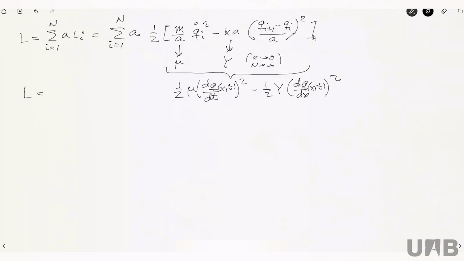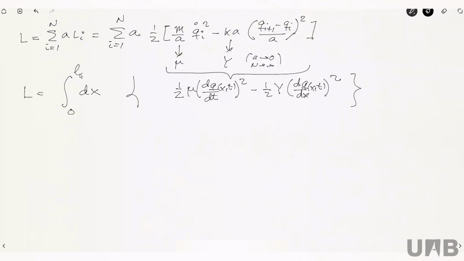So we know that this term here, the summand, becomes in this limit this function, with derivatives of q with respect to x and with respect to t. I have to sum this thing. So this whole thing, not just the summand, where does it go when a goes to 0, n goes to infinity? The definition of Riemann's integral. Absolutely. Very good. Yes. So this is the integral over x of this whole thing.